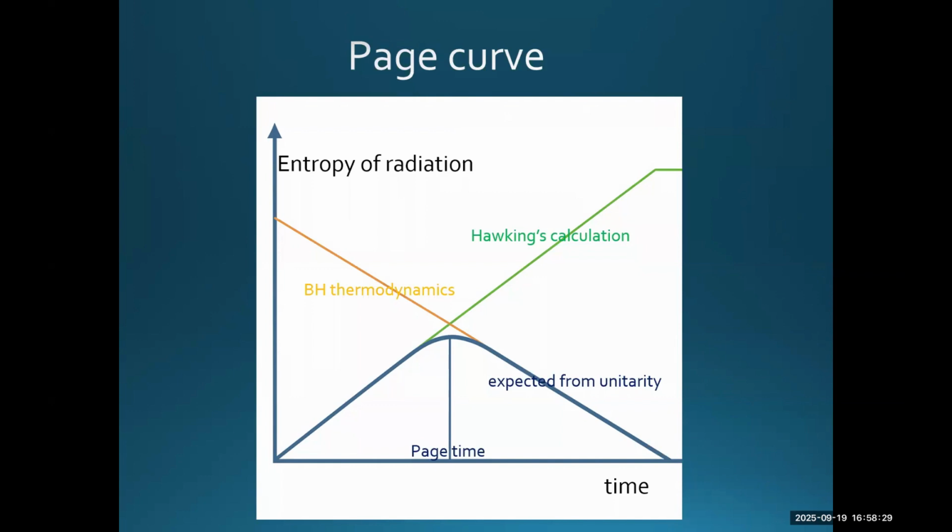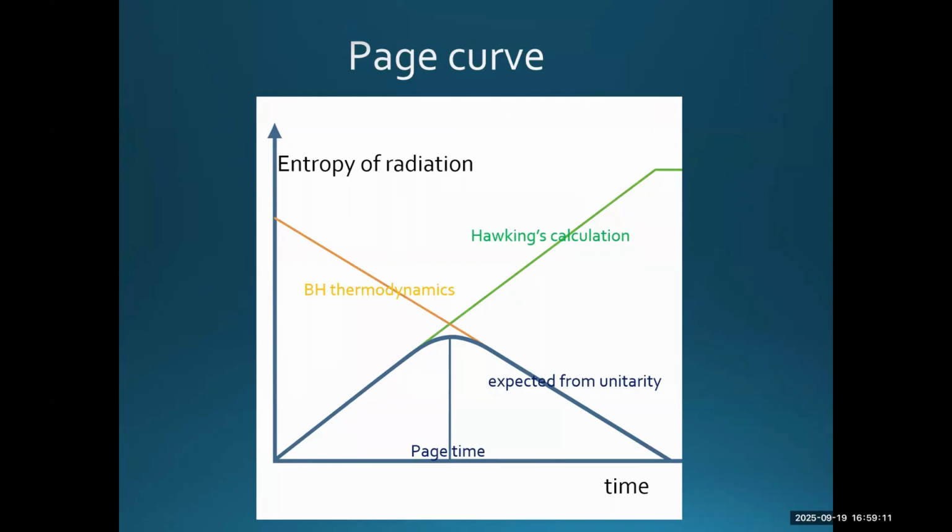This green line shows the entropy of Hawking radiation by Hawking's semi-classical calculation. But the entropy of radiation and that of the black hole, if they start in a pure state, should be smaller than the area. So as time goes on, at some point this entropy of radiation should decrease, unlike Hawking's calculation.